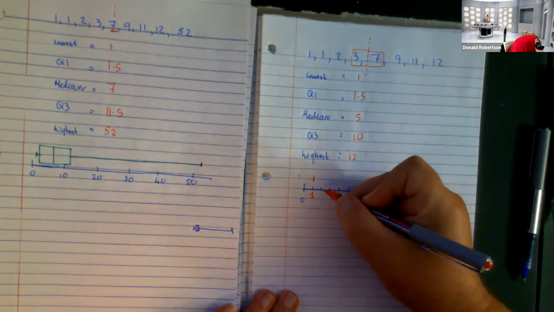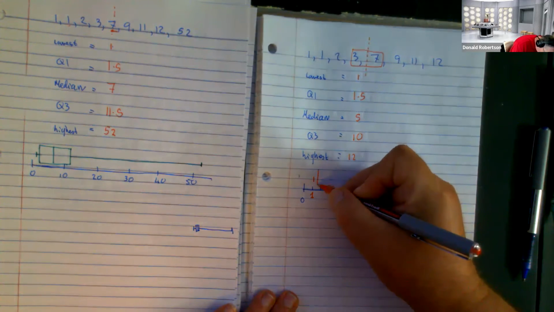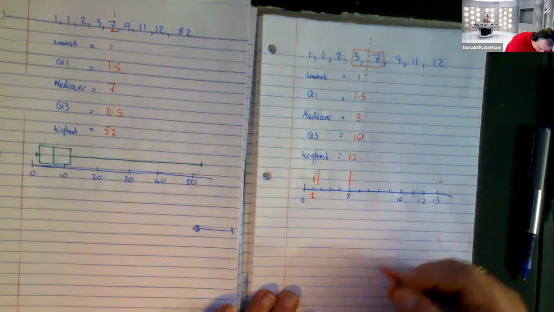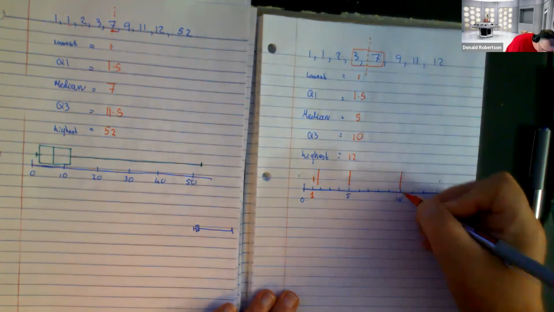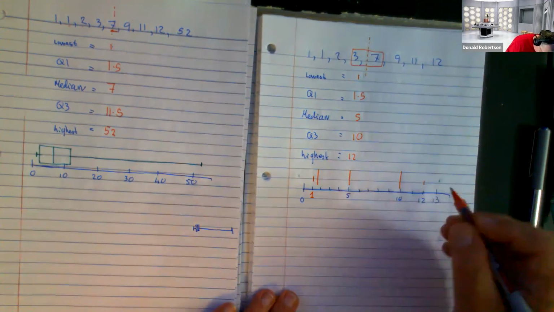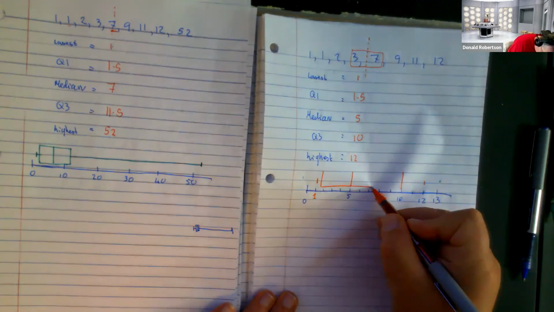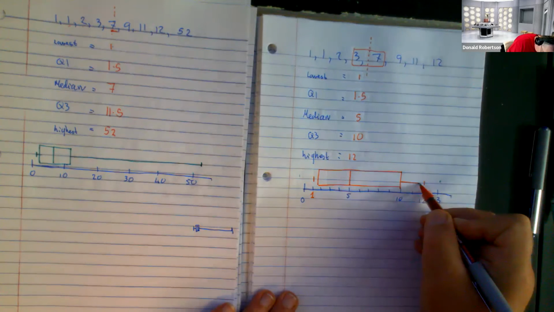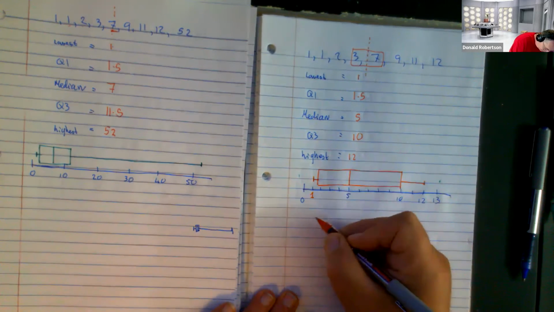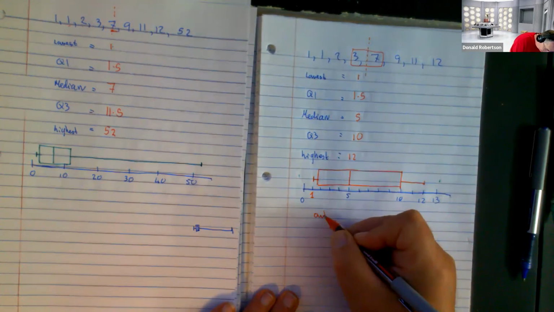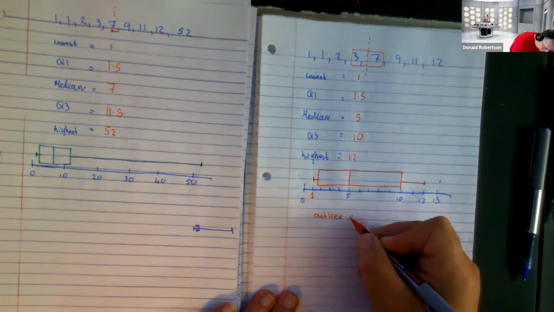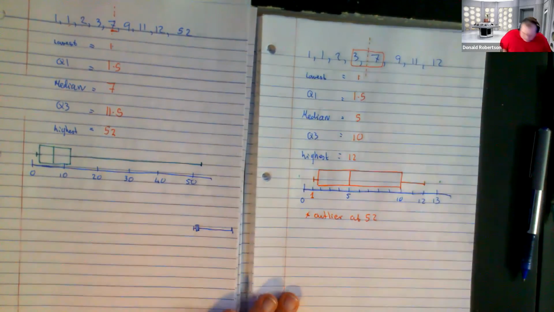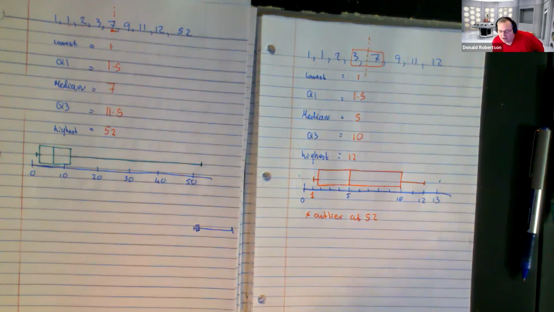Then it goes to 1.5, which is here. Then it goes to 5, which is here. Then it goes to 10, which is here. And then it finishes with 12, which is here. And you can put a little notation like outlier at 52.